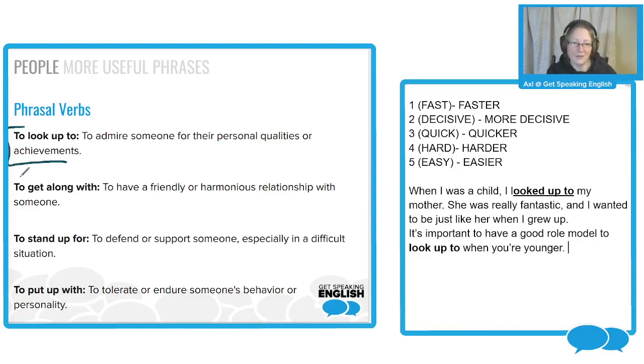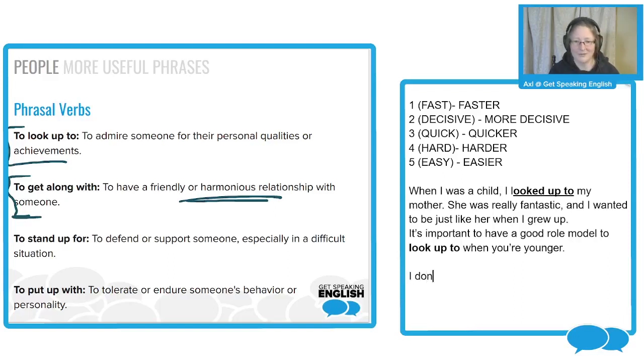Also, to get along with. So if we get along with people, we have a friendly, nice, harmonious relationship. There's no conflict or anything like that, right? So for example, here it's common to have roommates, especially in university, right?